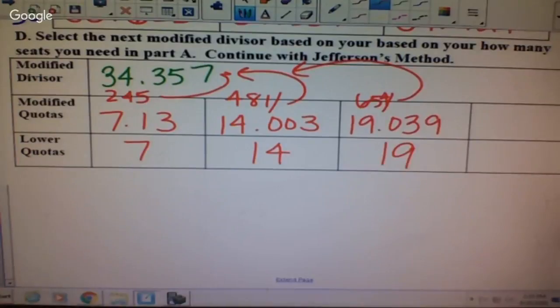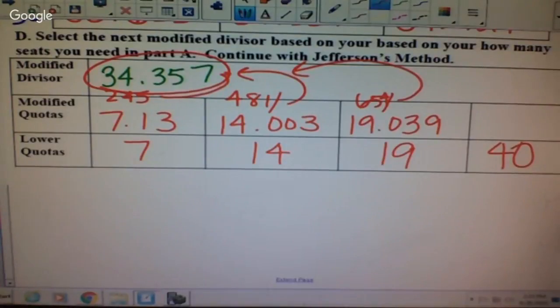Add up all those numbers. What's 7 and 14 and 19? 21 plus 19 is 40. Did I meet my seats? Yes. So this is my modified divisor.